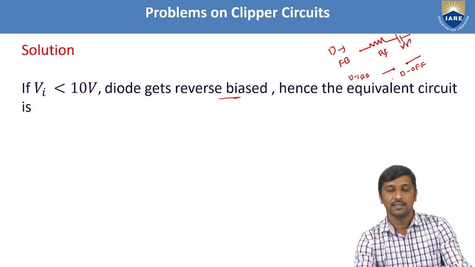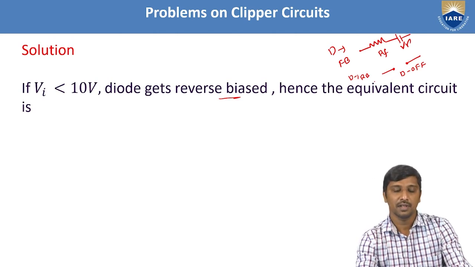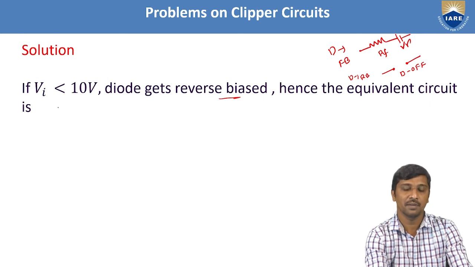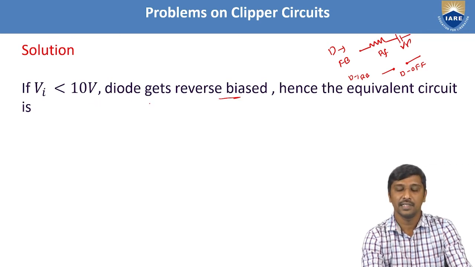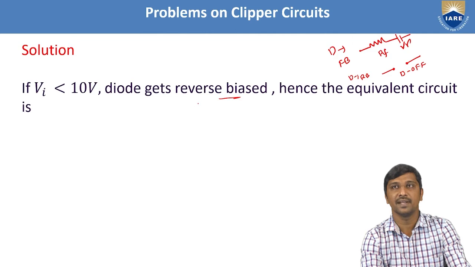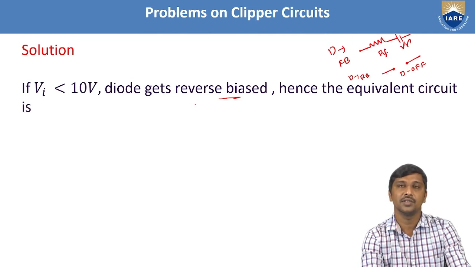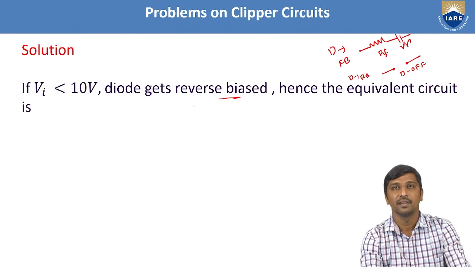That is the reason, based on the given circuit and with respect to the applied input voltage, whenever the input signal is less than 10 volts, the given diode enters into the reverse bias condition. That is the reason the diode acts as a non-conducting state, represented as the off state.